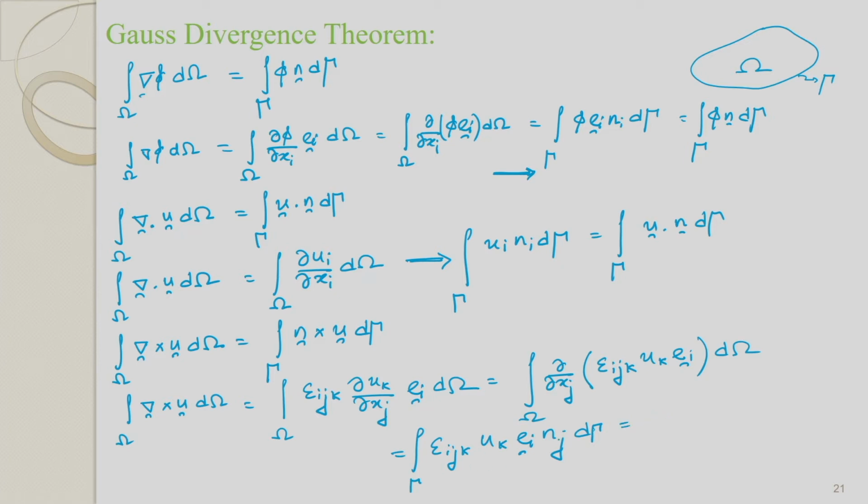So, this is nothing but n cross u. So, again the similar pattern, but every time you have to ensure that this del/del x_j is over the entire integrand.